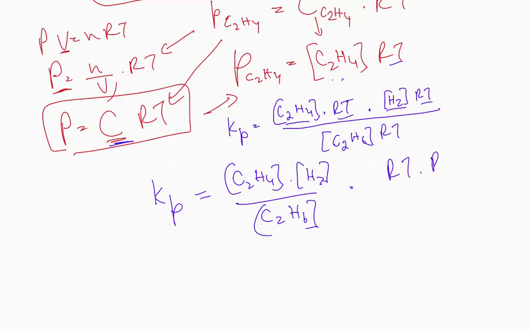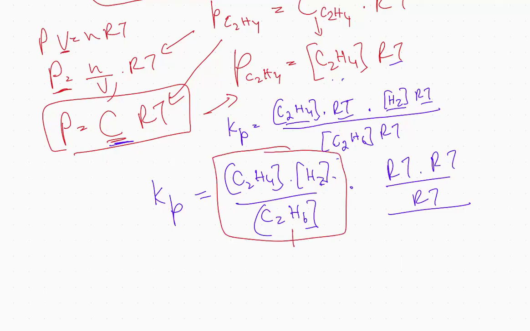Now here, if I group these concentration terms, it is actually Kc, correct? It's Kc. So now we have a relationship between Kp and Kc with R in RT terms. What is happening here? The entire RT will have power 1. This is power 1, that's power 1, but it's the denominator.